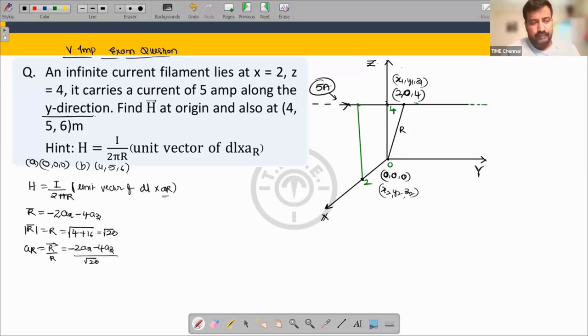I want dl. dl is dy ay. Unit vector dy is 1, so dl is ay. Now dl cross aR: ay cross minus 2ax minus 4az by root 20.